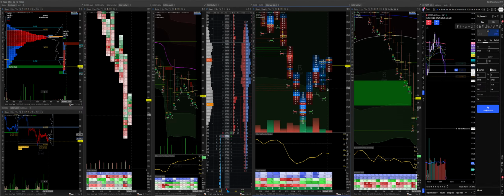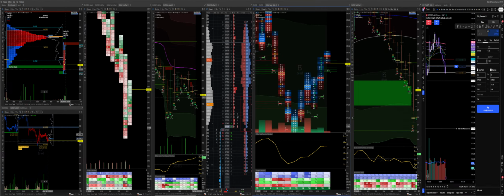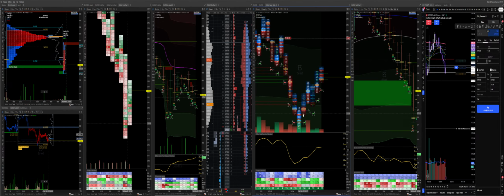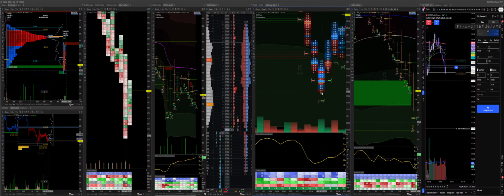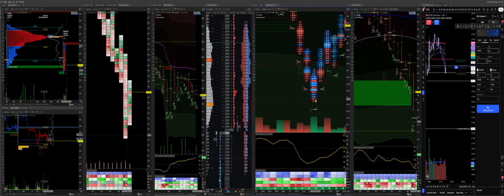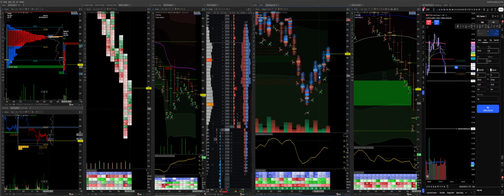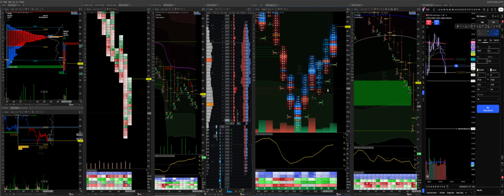I do like this very much, actually. Oh, damn it. Okay. So, when I start looking for entries or a reaction off a level, you did get some imbalance in buyers, aggressive buyers, pretty much. But this candle stuck out to me the most.